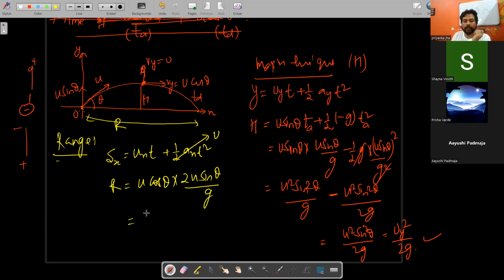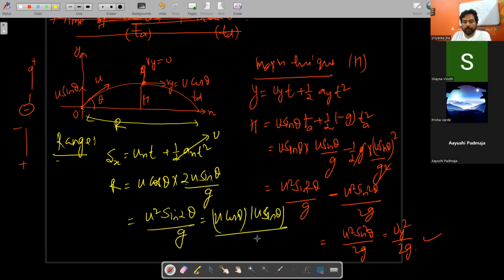So this would be u square, and you know the formula 2 sine theta cos theta. What is this? Sine 2 theta. This is the formula of range. You have to remember this. Or you can also write this as u cos theta into 2u sine theta upon g.